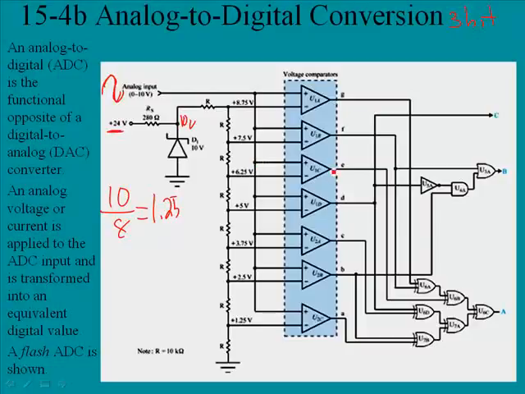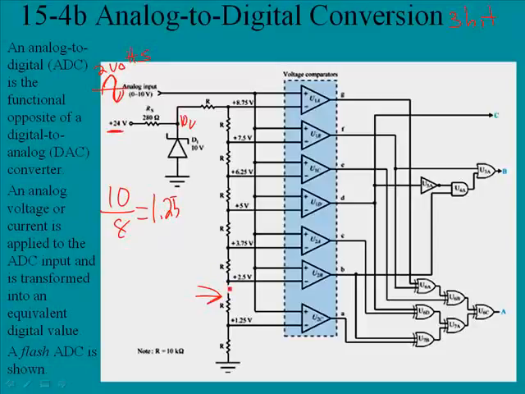And then those values will be fed into the logic over here, and this logic circuit will take that value and convert it to its binary equivalent. So let's pretend we have an analog voltage coming in here, and we'll say it's 2 volts. And so it's going to come in, and 2 volts is right about here.